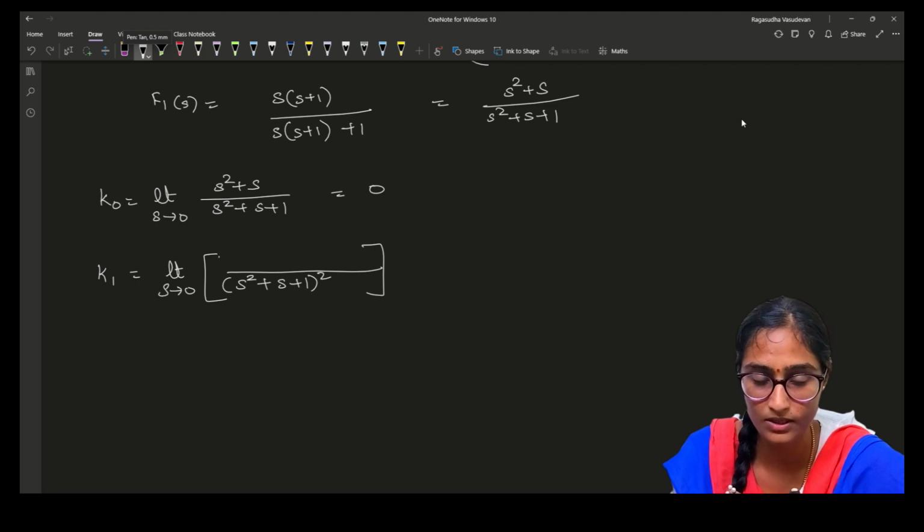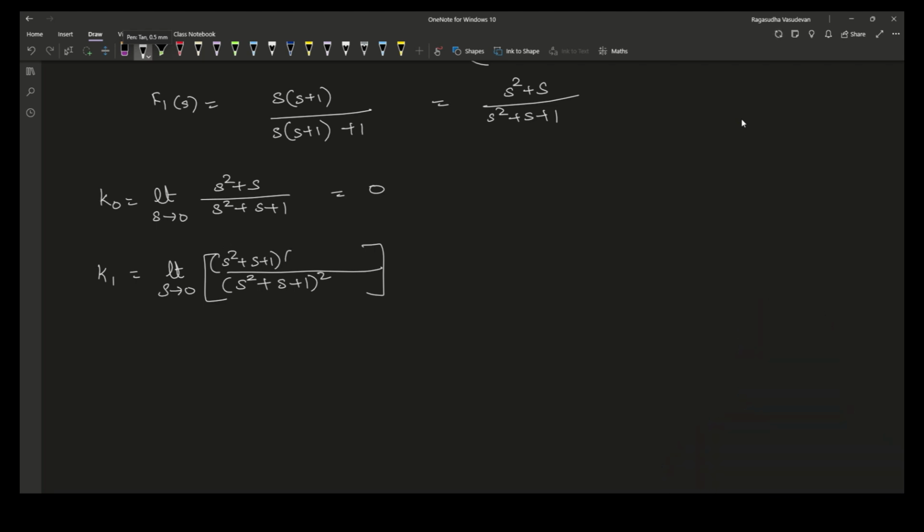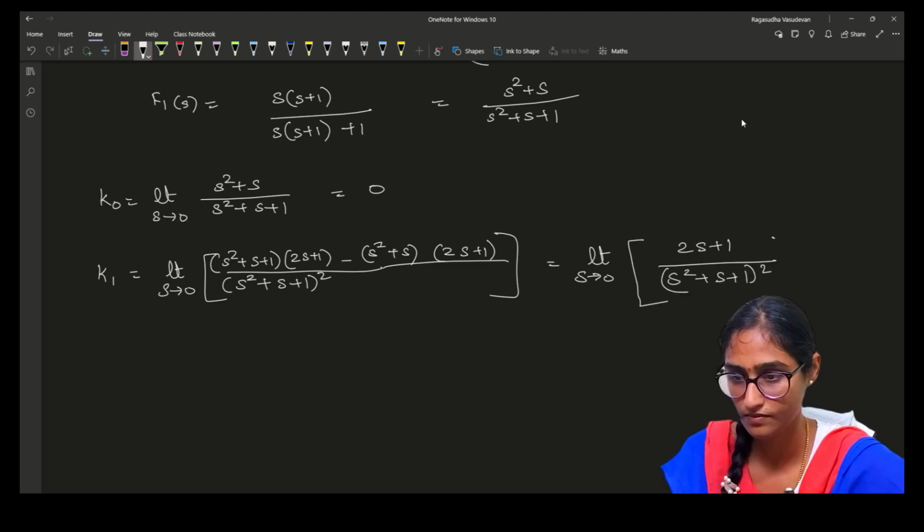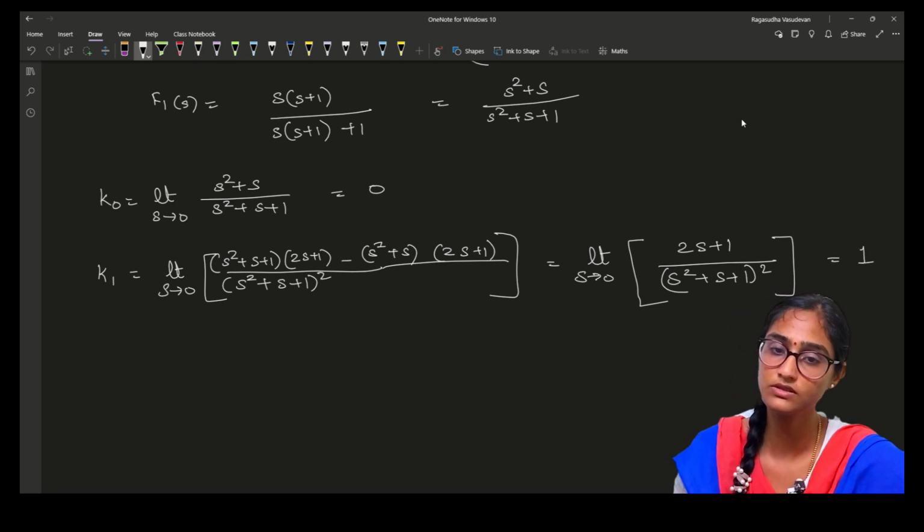Square the denominator, write the denominator and differentiate the numerator. Which is eventually 1. K1 is 1.